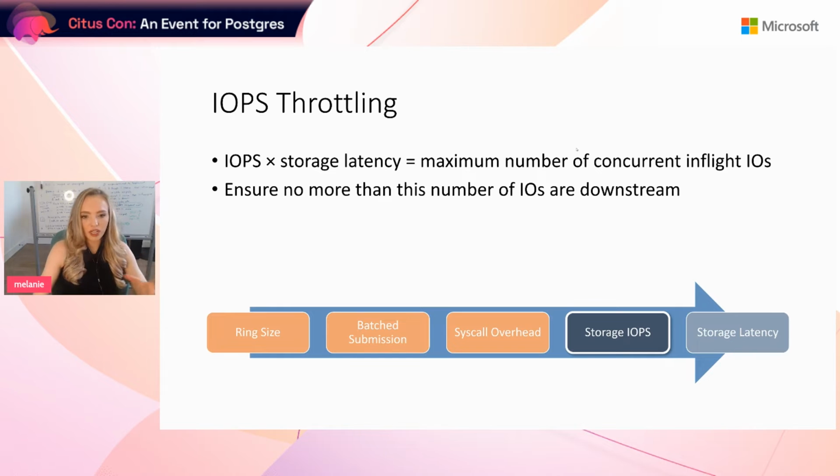IOPS is IOs per second. If you try to push more IOs onto storage, it's different for physical storage versus cloud storage, but the idea is that the system can only service that many IOs at a time. So for this bucket, all the IOs it contains will only move into the in-flight state if it's not at max IOPS.